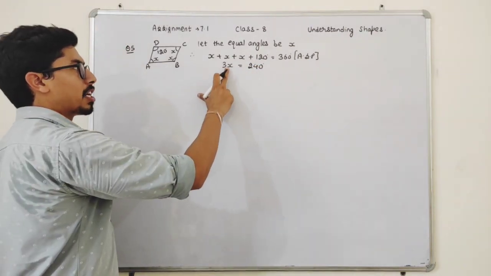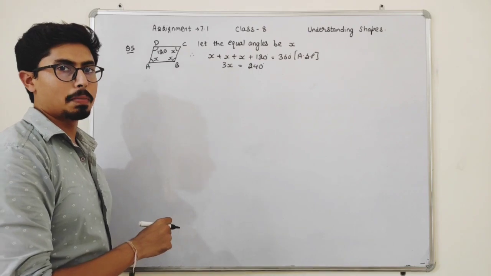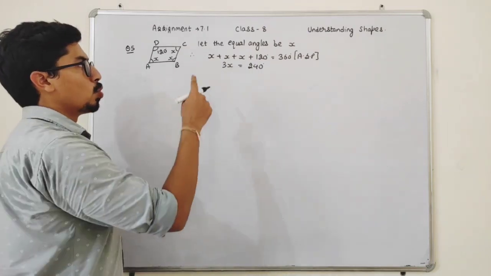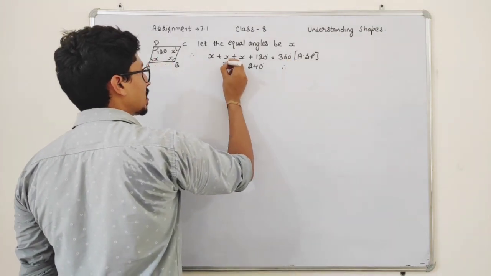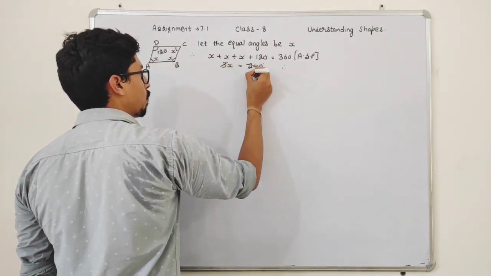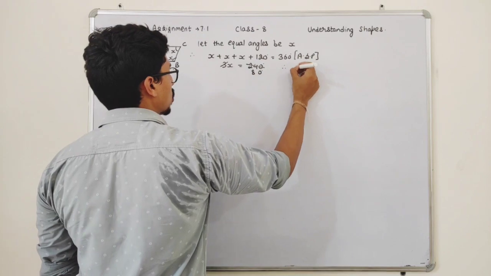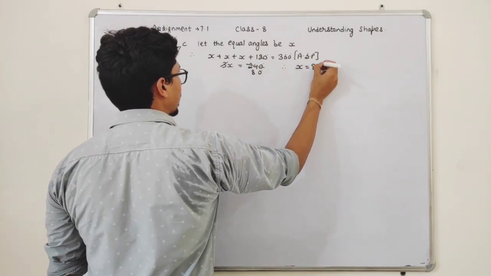The 3 is in multiplication, when it goes to the right hand side it becomes division. So 240 divided by 3 will be 80, because 3 ones are 3, 3 eights are 24 and 0 as it is. So x is equal to 80 degrees.